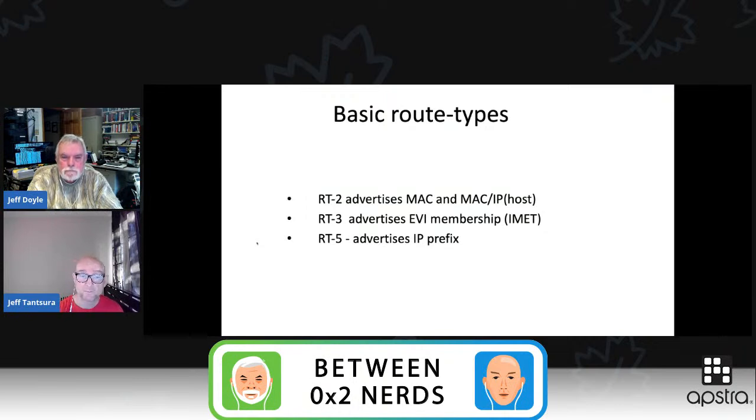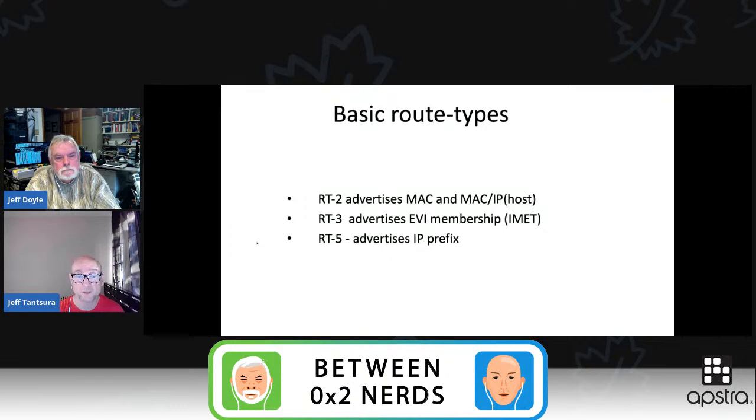Route type 3 is specifically used to figure out who are the other participants in the same bridge domain or EVI. Because as we remember, EVPN really resembles a large bridge. So when we receive unknown unicast, multicast, or broadcast traffic, it must be sent to every other switch that participates in the same EVI.